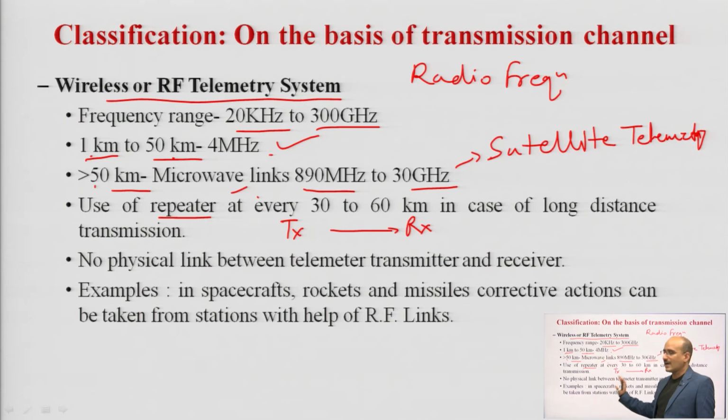The distance between transmitter and receiver is more than 50 kilometers, meaning 100, 200 or 300 kilometers, and as the signal travels some distance, it gets interfered with some kind of noise, and that noise has to be removed time by time. That is why we use repeaters at every 30 to 60 kilometers in case of long distance transmission.